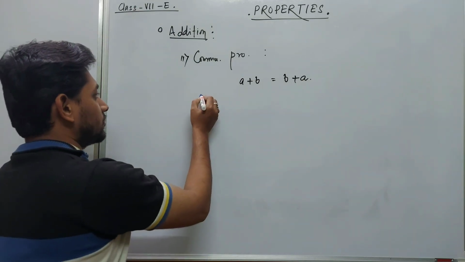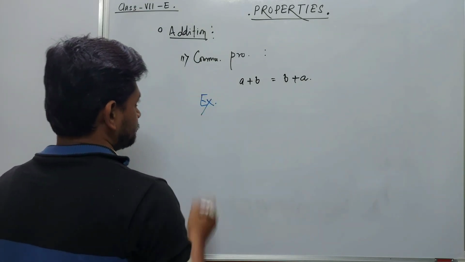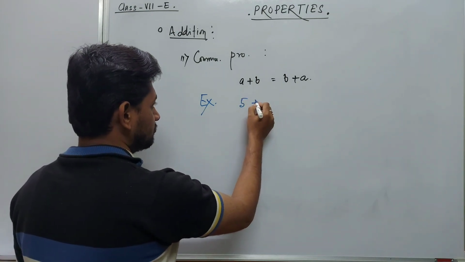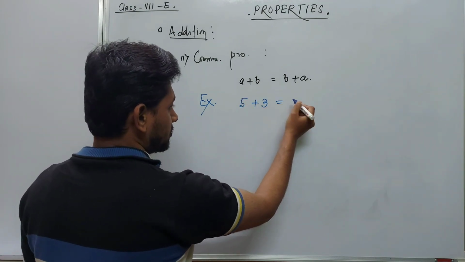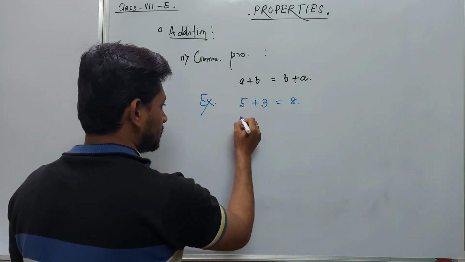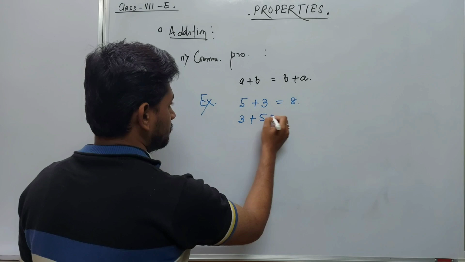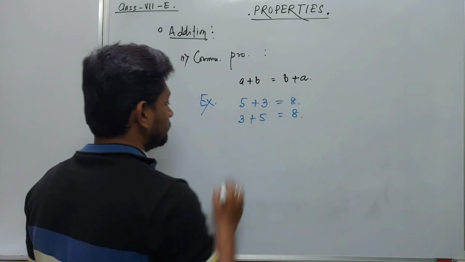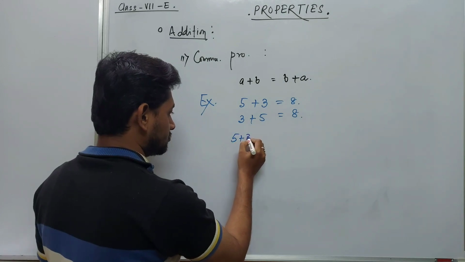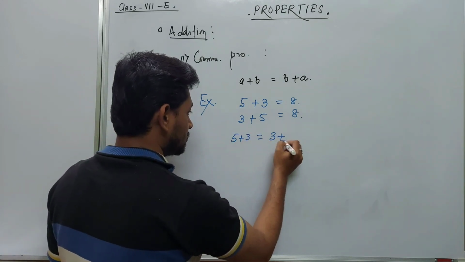For example, if we add 5 plus 3, the answer is 8. Similarly, if we take 3 plus 5, the answer is the same, that is 8. So we can say 5 plus 3 is equal to 3 plus 5.